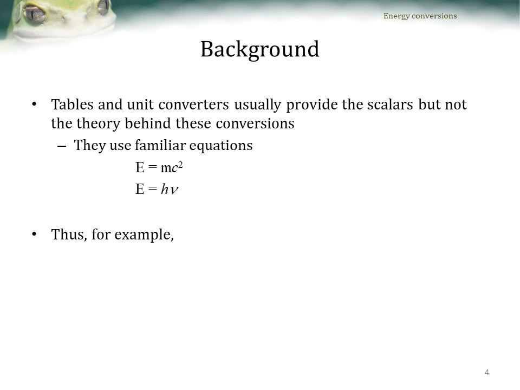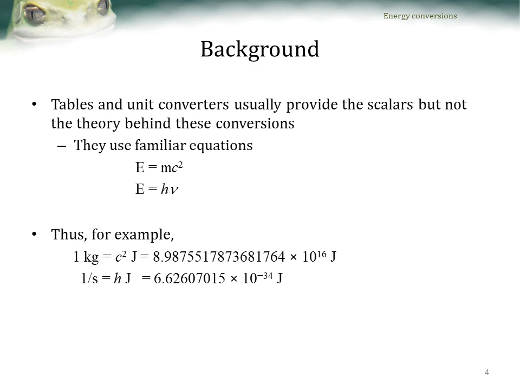Thus, for example, these essentially state that 1 kilogram has the energy of c squared joules, which is approximately 9 times 10 to the 16 joules, and 1 per second has an energy of Planck's constant joules, which is approximately, again, 6.6 times 10 to the negative 34 joules.